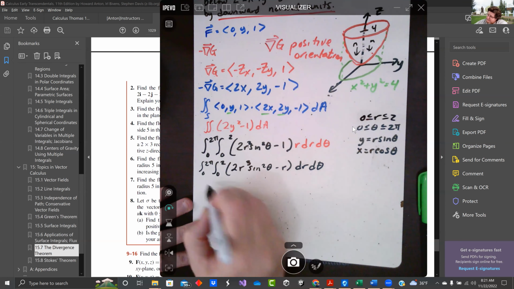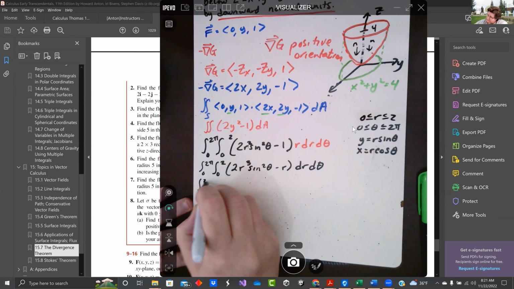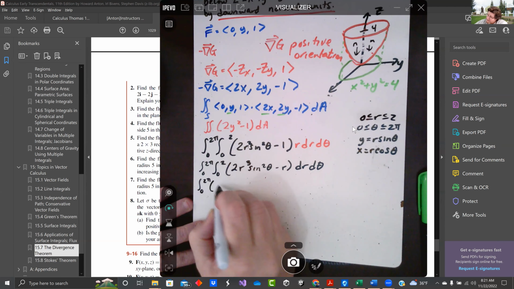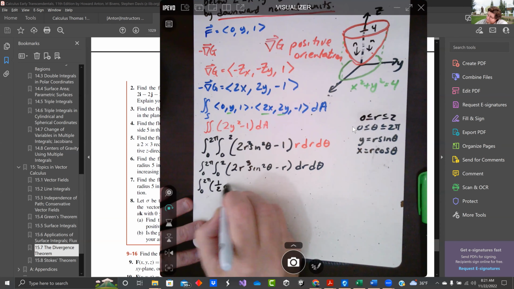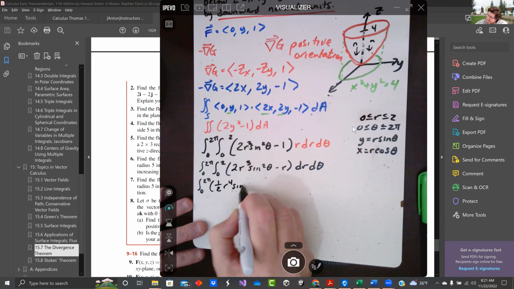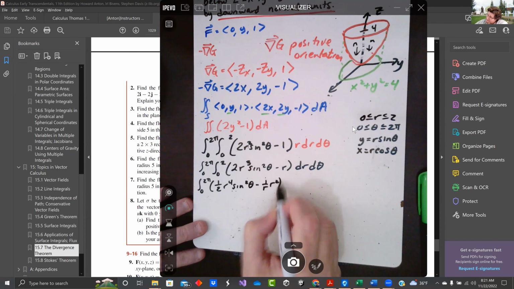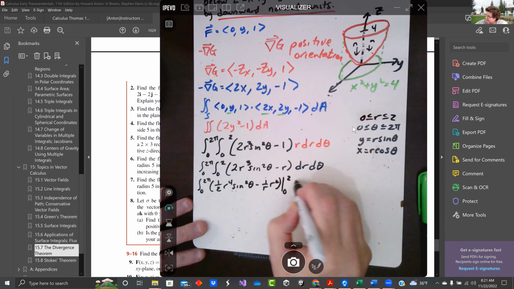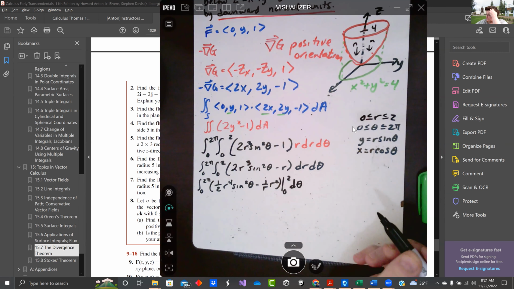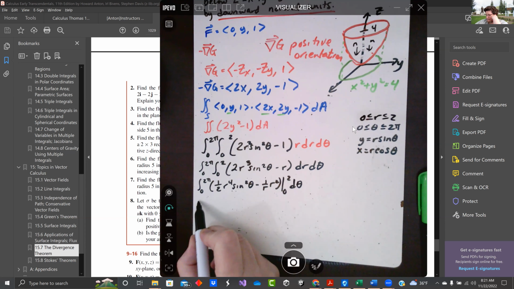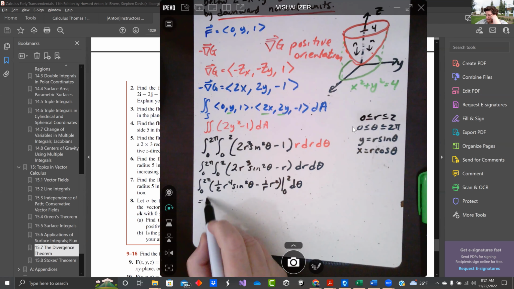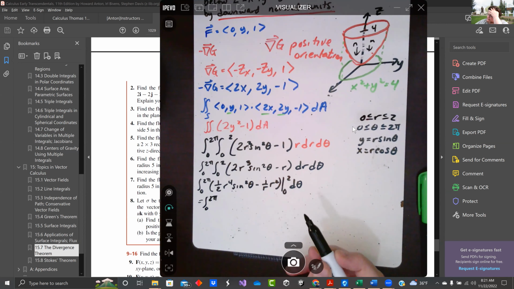So we integrate. We got 1/2 r to the 4th sine squared theta minus 1/2 r squared, going from 0 to 2, d theta. So I stick in 2, I got 16 for r to the 4th.